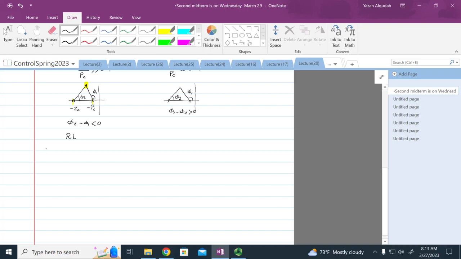The root locus is going to move to the right. That's what you meant to say, isn't it? Or did you change your mind? The root locus will move to the left.